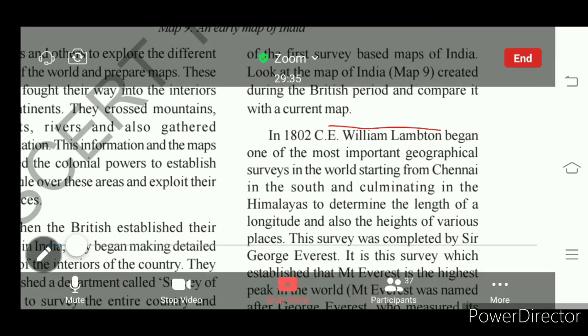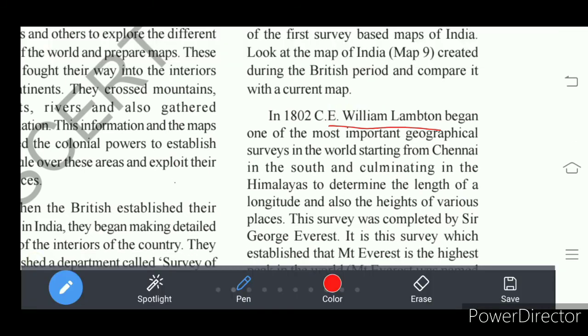See, William Lambton conducted a survey starting from Chennai. Where is Chennai? Chennai is in Tamil Nadu. Right or not? So he took the starting point from Chennai.